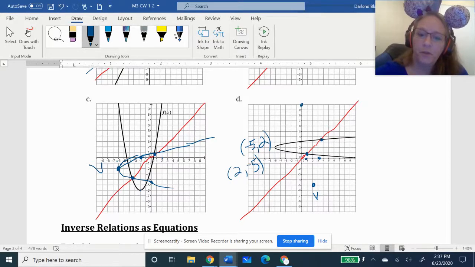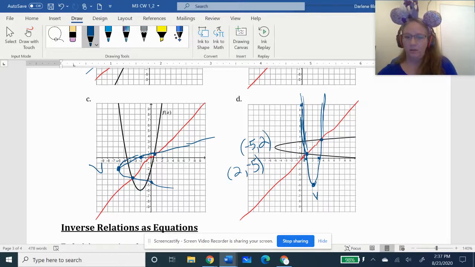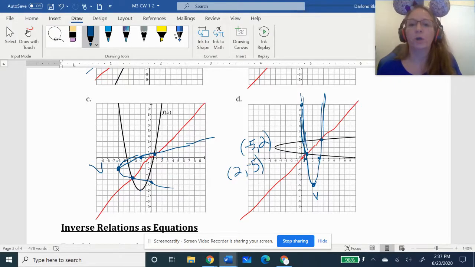And if you know this is the vertex, and you know a sideways parabola turns into a right side up parabola, and understand, I am not looking for a perfect drawing. You're trying to show me that you understand the relationship of changing a graph into its inverse visual partner.